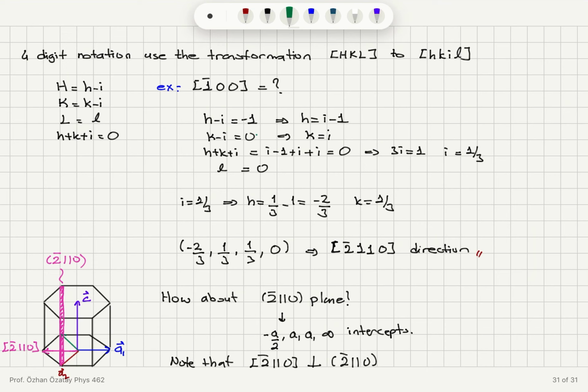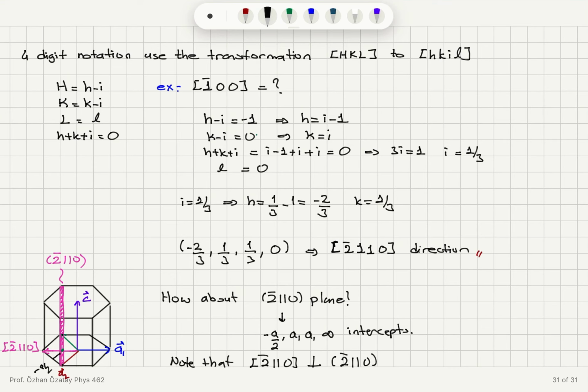So I find that I have to go to minus A over 2 here, so that's the intercept. This is my minus A over 2, and then I have plus A and minus A, so those 3 intercepts, and an intercept at infinity, so parallel to the C axis. So that is the 2 bar 1 1 0 plane.